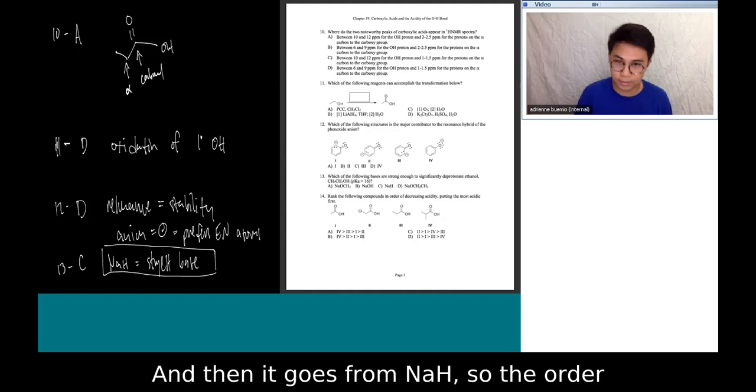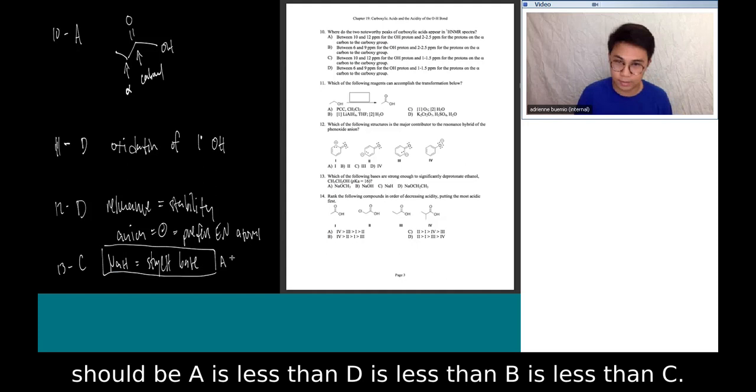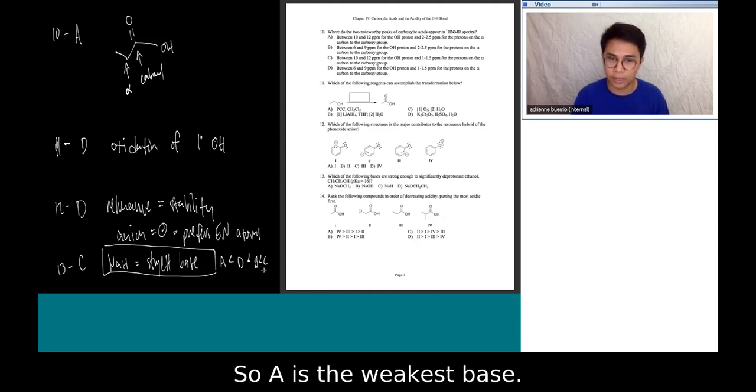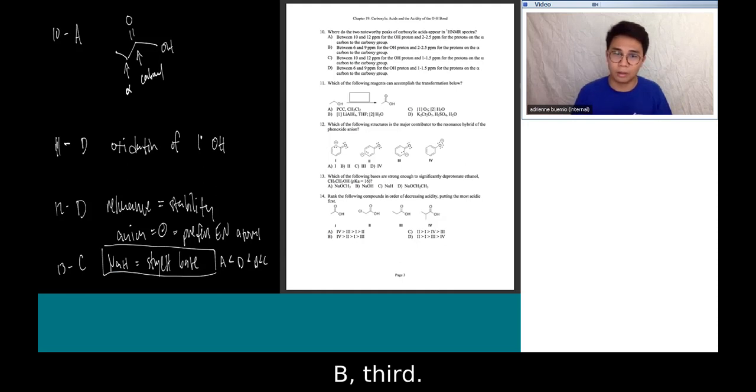And then it goes from NaH. So the order should be A is less than D is less than B is less than C. So A is the weakest base, D is second, B third, C strongest.